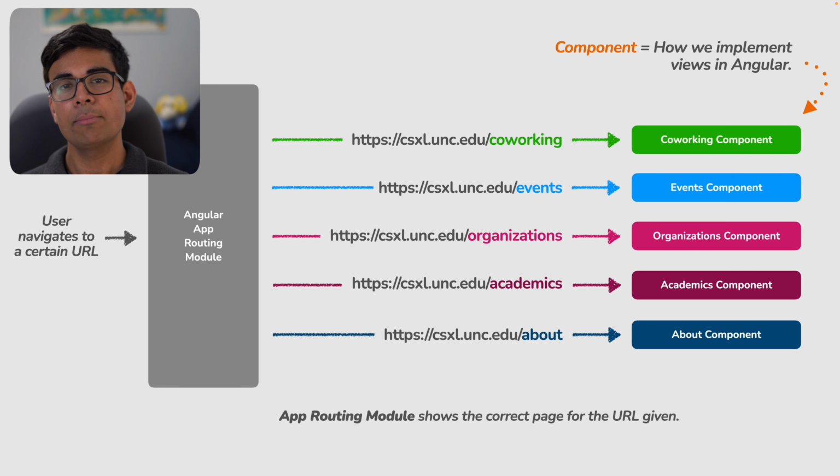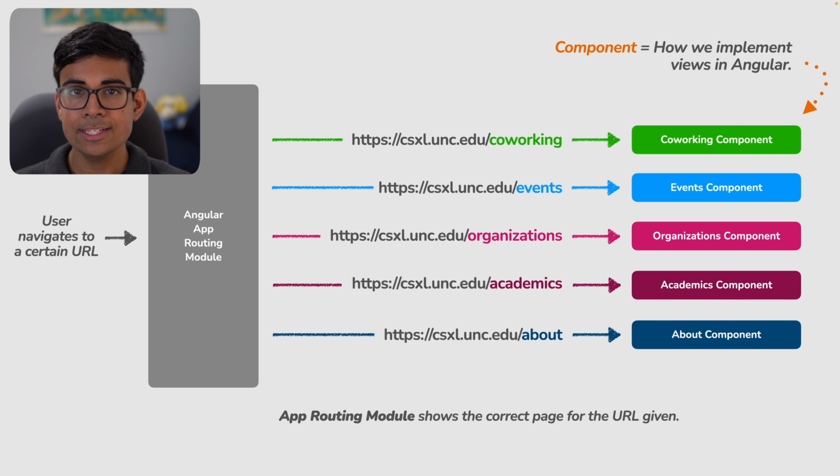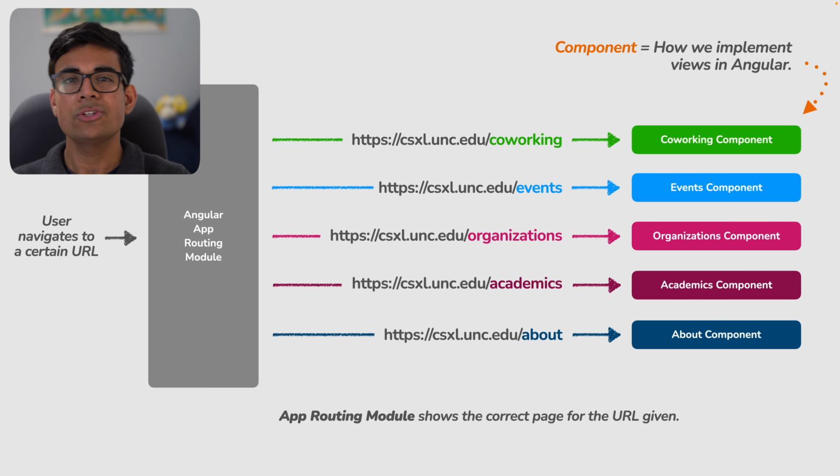The app routing module is responsible for showing the correct component based on the URL that the user navigates to. So for example, when I go to the CSXL page and I press on the organizations button on the toolbar, the app routing module is going to see that. It's going to say, okay, this is the organization's URL, so therefore I need to show the organization's view, which is of course implemented using the organization's component.